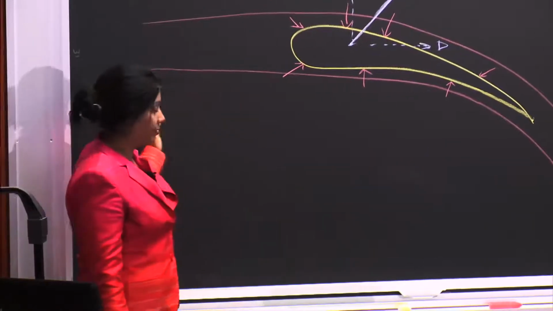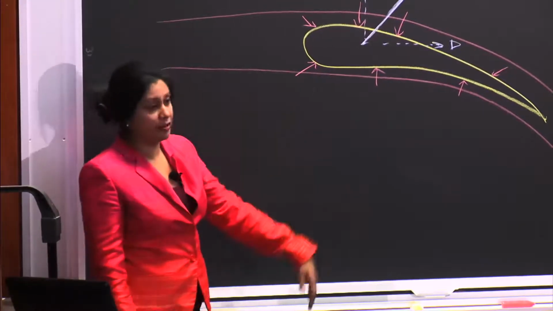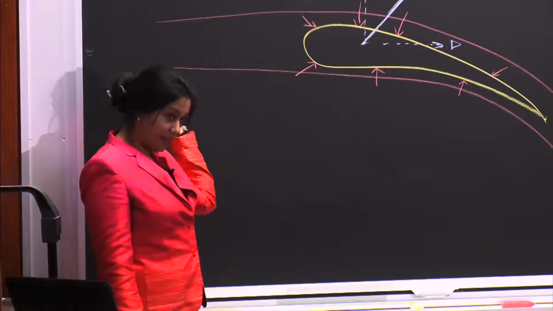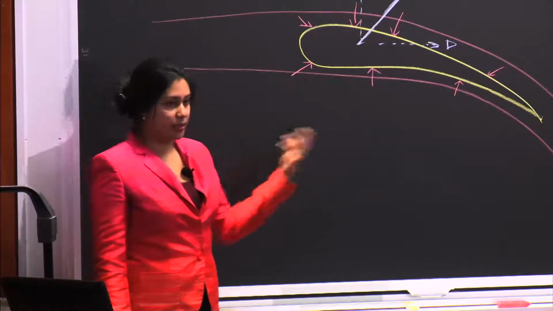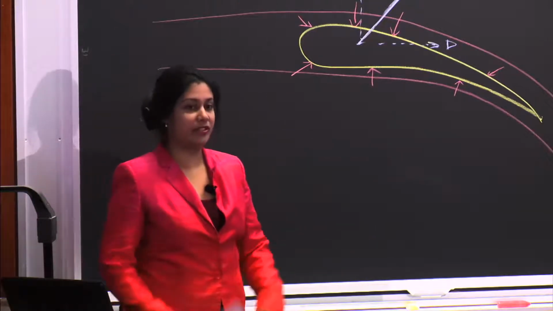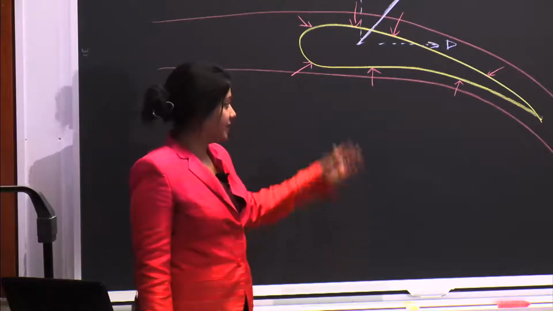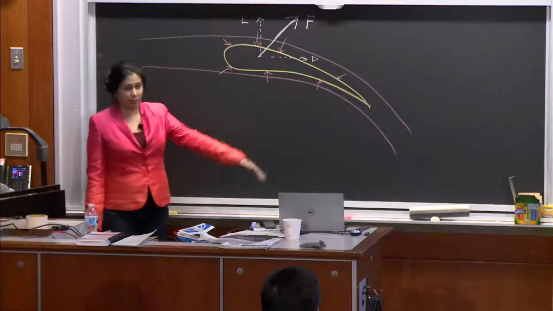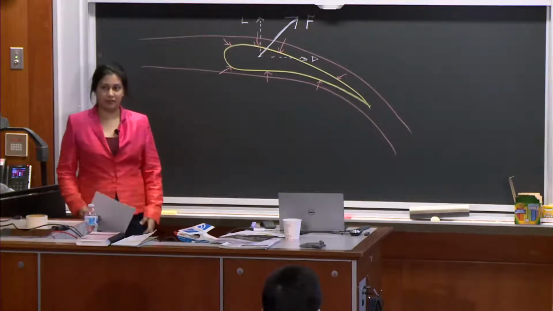If your frame of reference is out here, you might see the air to be stationary and the airplane to be moving through it. So depending on what your frame of reference is, you can actually have the identical result. So the answer is actually that it's the same. Depending on your frame of reference, it's exactly the same, the speed of the air moving past the airfoil versus the airfoil moving through the air.